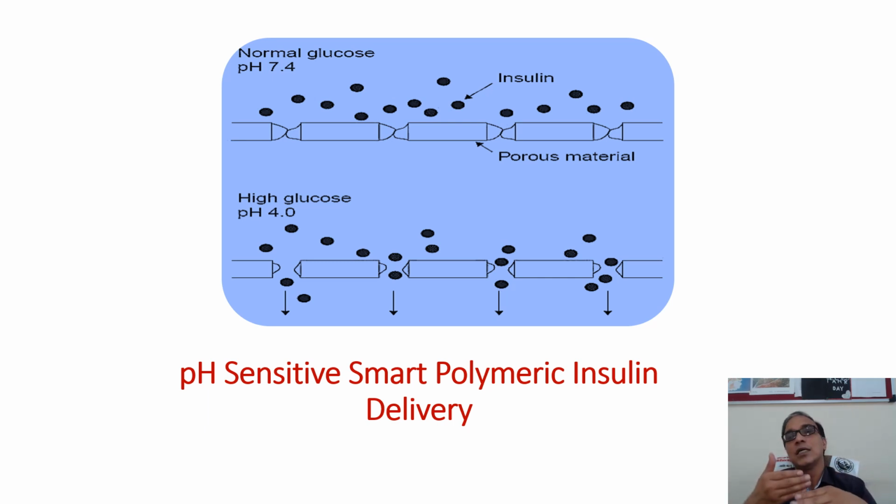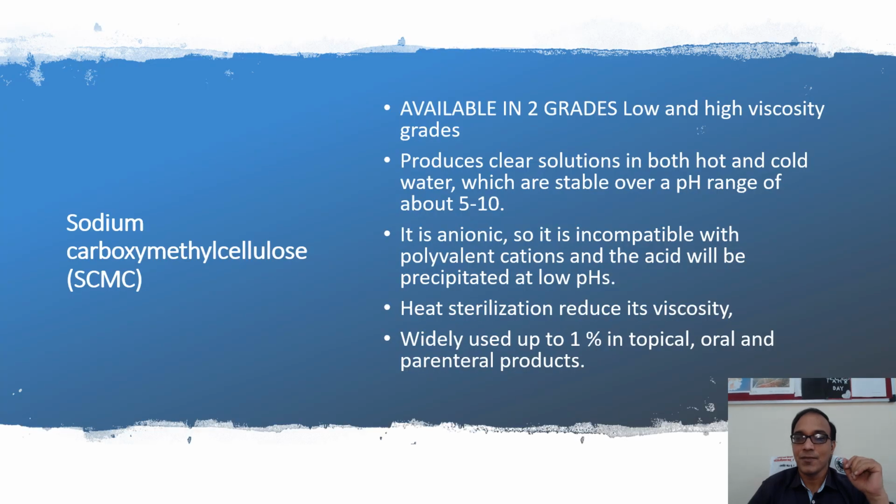When the pH again reaches 7.4, the material becomes integral again. The erosion is stopped and the insulin release is stopped. So it is a perfect smart system for insulin.